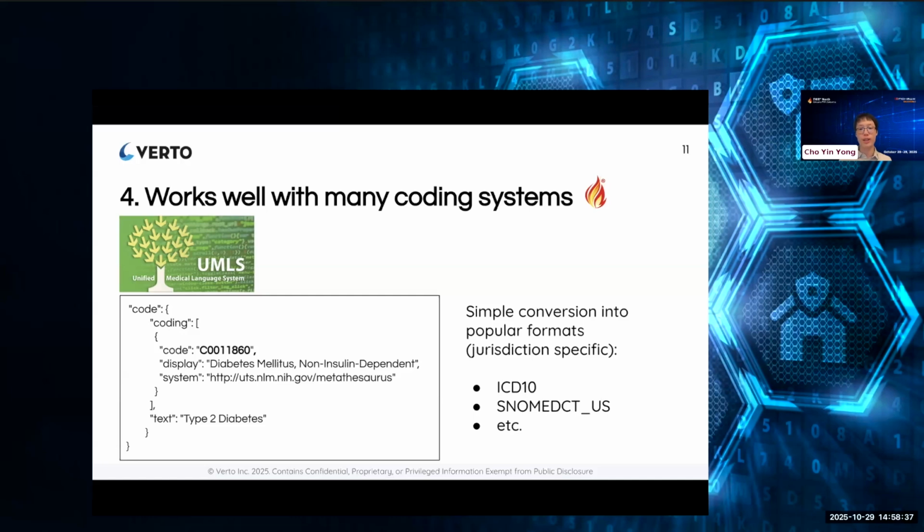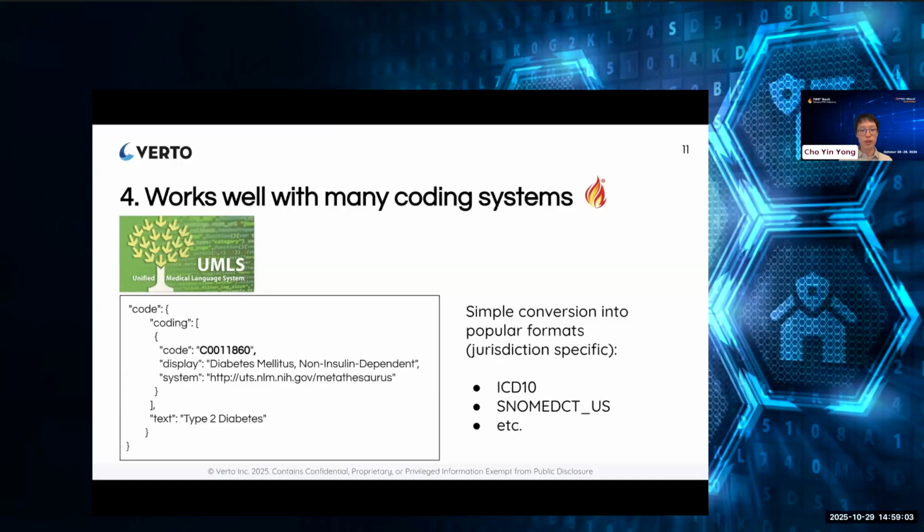We have clients that need ICD-10 as the output. We have clients that require us to use SNOMED. We have clients that require us to use local jurisdictional specific formats, their own formats. And with this UMLS crosswalk, we could support all formats, granted that we have a translation table from UMLS to the target system.